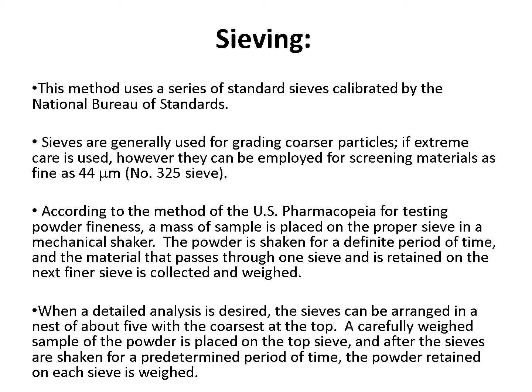Arrange them into size ranges from the least to the largest. So if the smallest one is 10 micrometers in diameter and the largest one is 100, arrange them into size ranges 10 to 20, 20 to 30, 30 to 40, until you reach 90 to 100 micrometers, and count the number of particles under each size range.